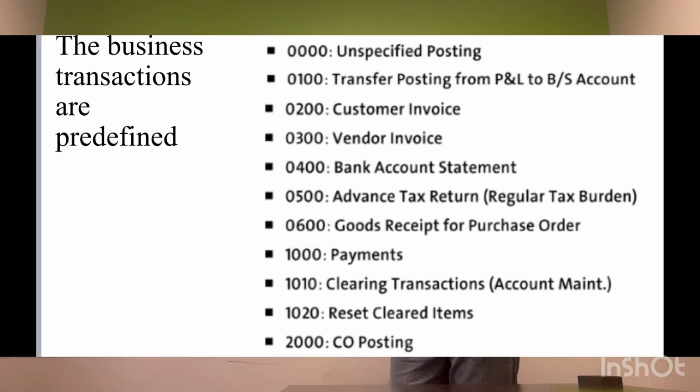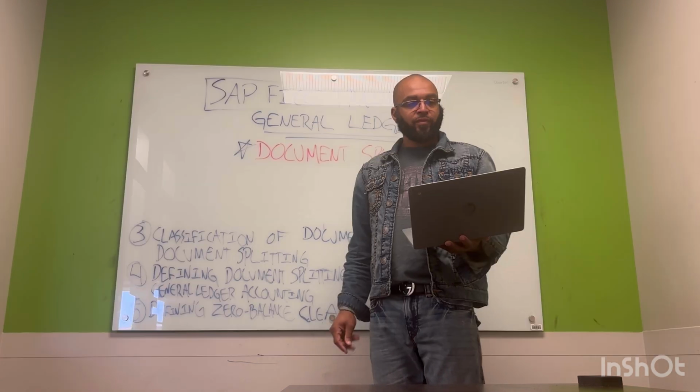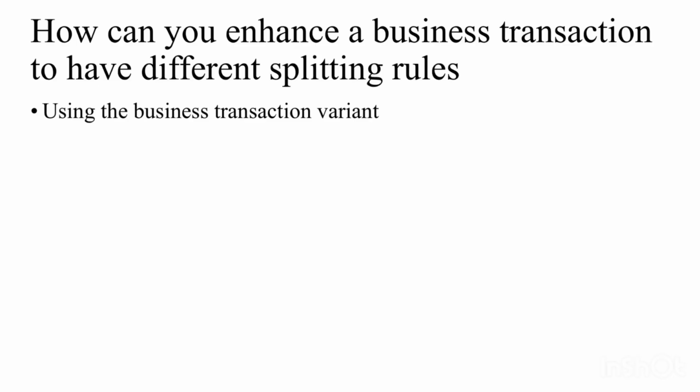These are business transactions predefined by SAP in the system. Okay, question. How can you enhance a business transaction to have different splitting rules? By using the business transaction variant.